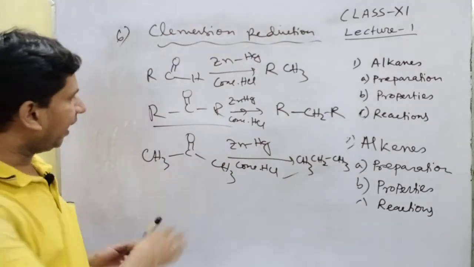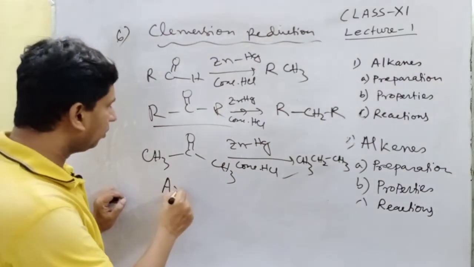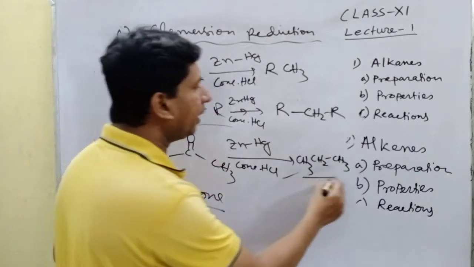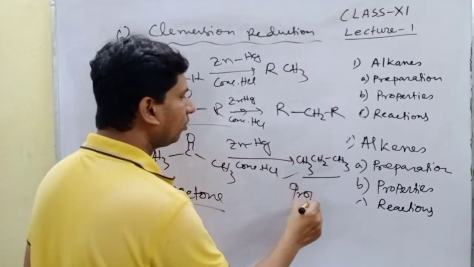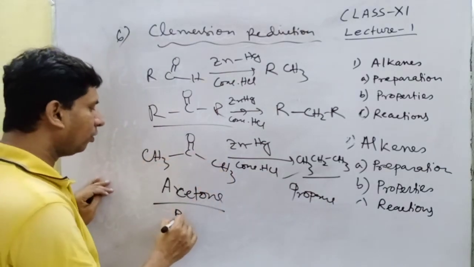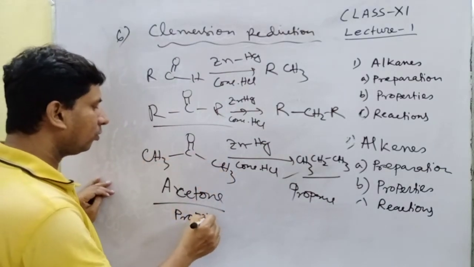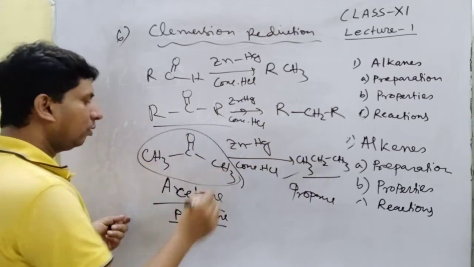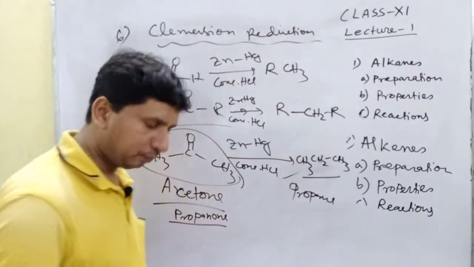From acetone, this is acetone, we can get propane. Acetone is also known as propanone. So from propanone we can get propane.